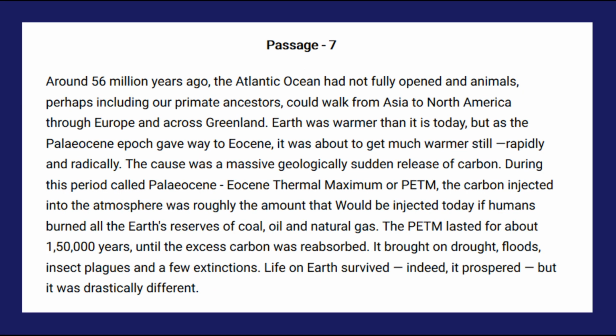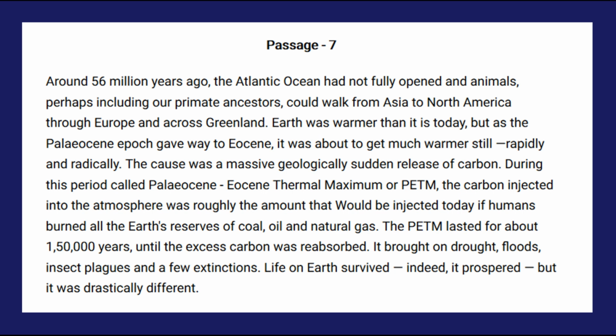Next, passage 7. Around 56 million years ago, the Atlantic Ocean had not fully opened, and animals, perhaps including our primate ancestors, could walk from Asia to North America through Europe and across Greenland.